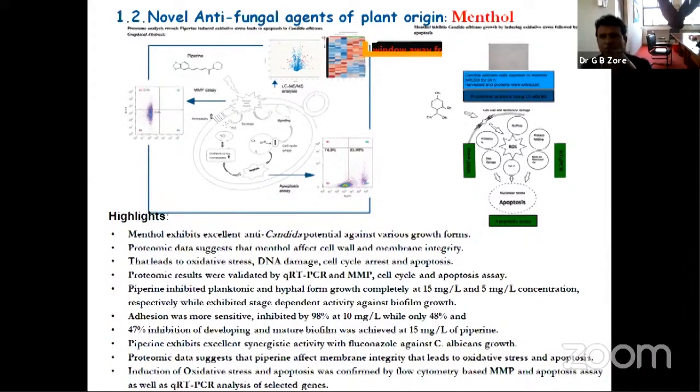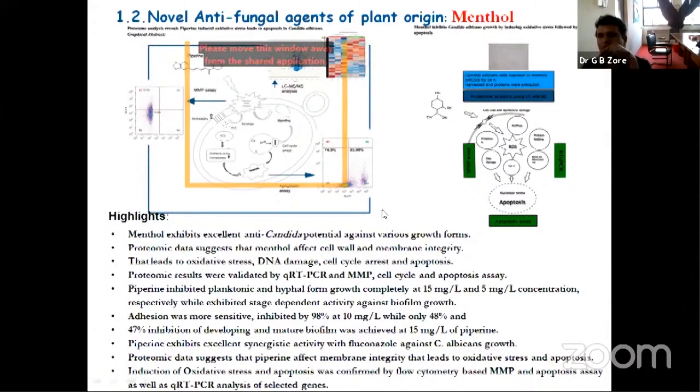So the mechanism of limonene, menthol, and even piperine and curcumin is through damaging the membrane and cell wall of Candida albicans and finally inducing apoptosis. That's how these plant-derived agents induce apoptosis and inhibit the growth of fungal pathogens.